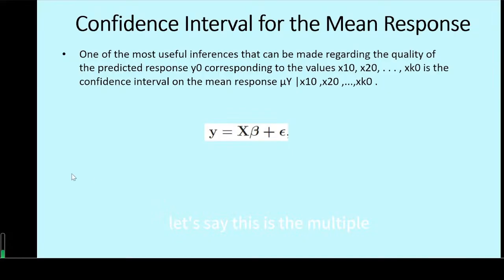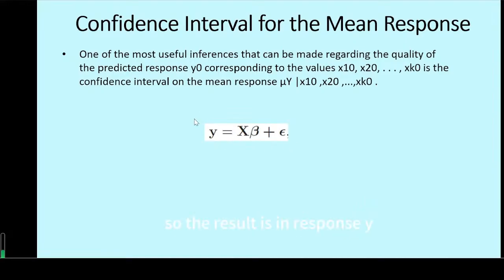Let's say this is the multiple linear regression model written in matrix form, where Y is an n times 1 column matrix, same for the error term, X is the matrix for n observations and k independent variables plus a constant scalar column, and beta is the vector of parameters.